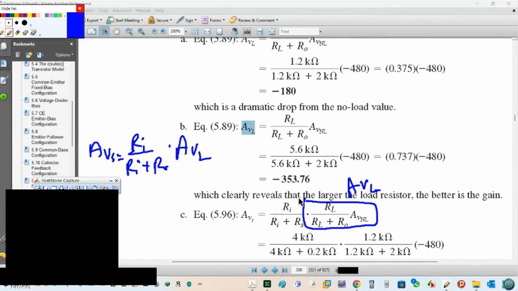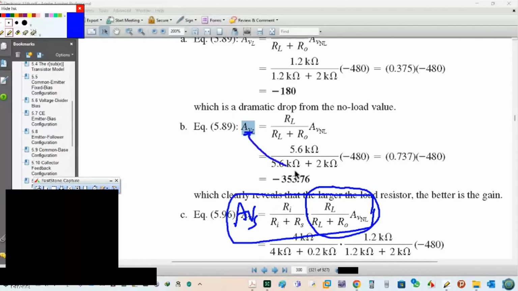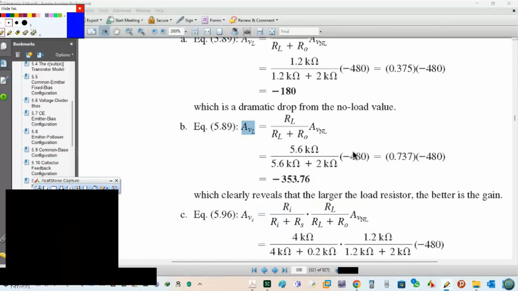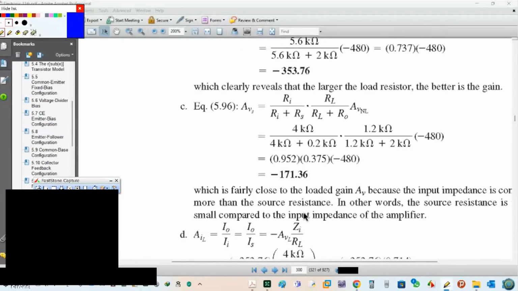Or I can take it like this: AVS is Ri over Ri plus Rs times RL over RL plus RO times AV no load. This is for AVS. Don't forget, this is AV load. So I can use this or this to find the value, and see the value here, it's minus 171.361. This is for the first case.